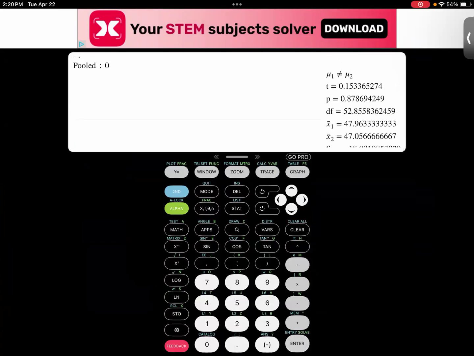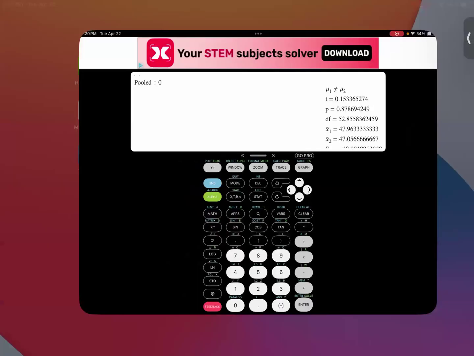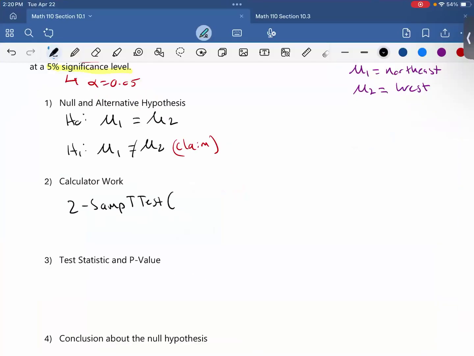So there we go. We get our test statistic t equals 0.153365 and a p-value of 0.8787. Let's write a couple of things down, filling out step 2 and step 3. In step 2, we use the data option, list 1, list 2, and the frequencies were just 1 and 1.